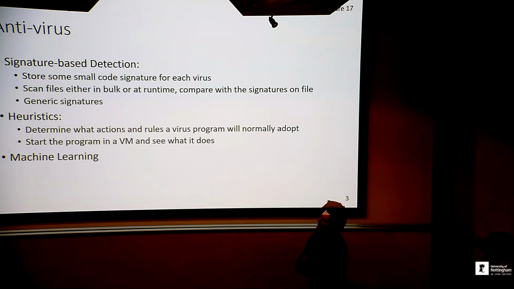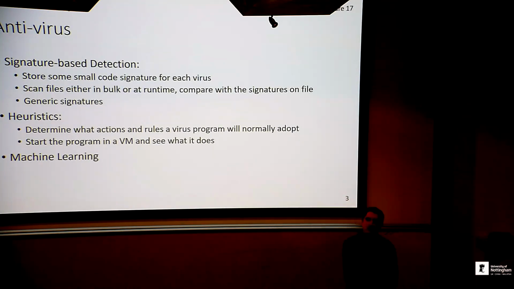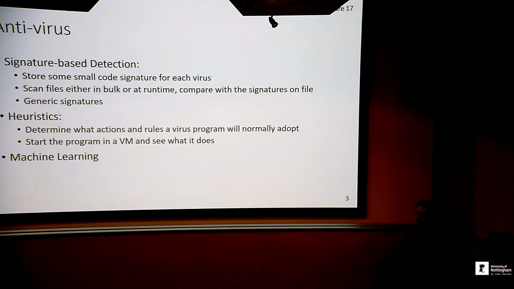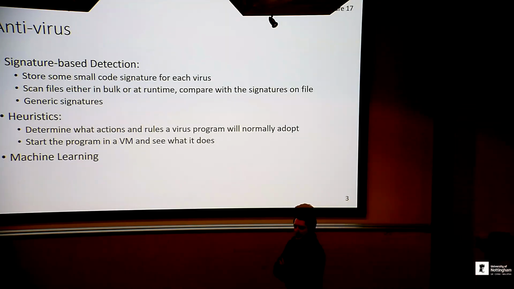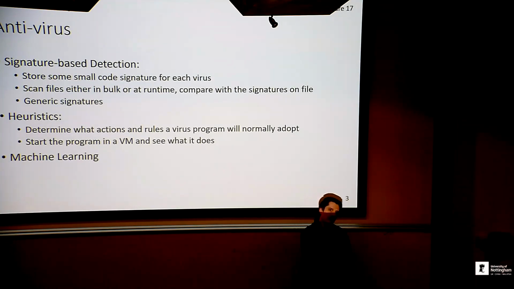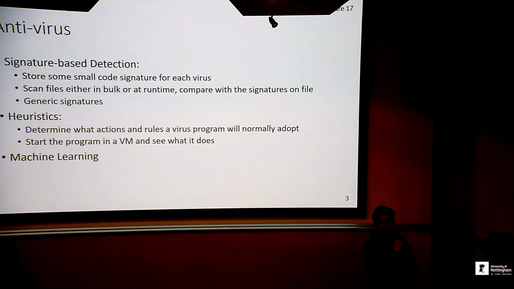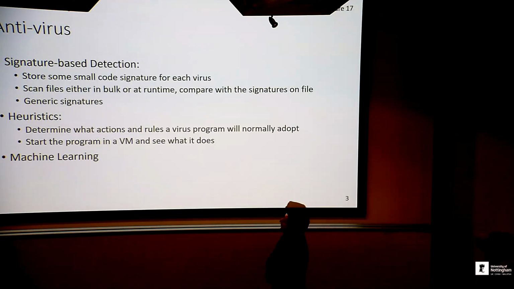Now that will work a little bit, in the sense that it will find if that virus turns up again on another machine. But as you know, hash functions are pseudo-random, and they have this avalanche effect where small changes in the input lead to big changes in the output. So if your virus changes even a little bit, it will be completely different in terms of a hash, and essentially it won't get noticed. So signature-based detection is usually a little more complicated than this.